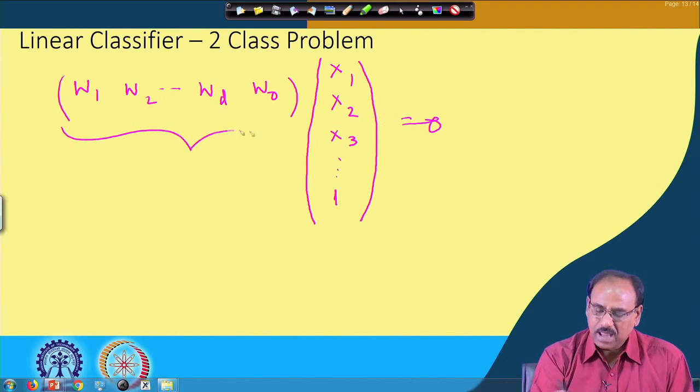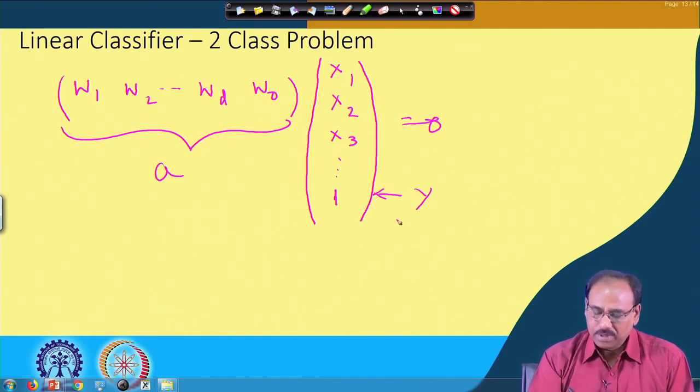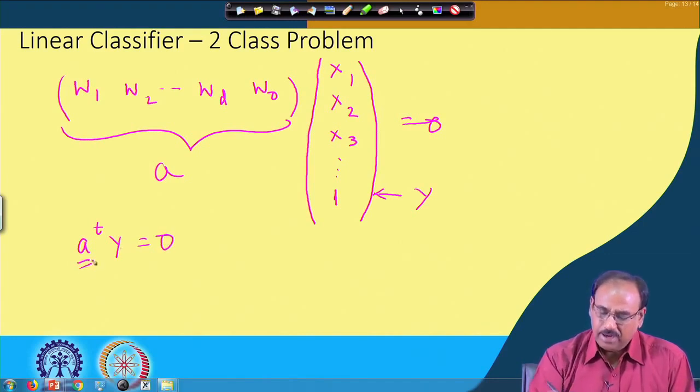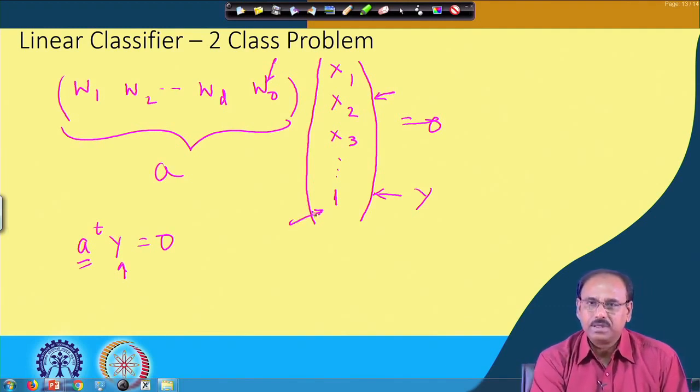So, I can call this A and this y. My equation of the plane simply becomes A transpose y equal to 0, where A is w appended by w naught and y is vector x appended by an additional component which is equal to 1.